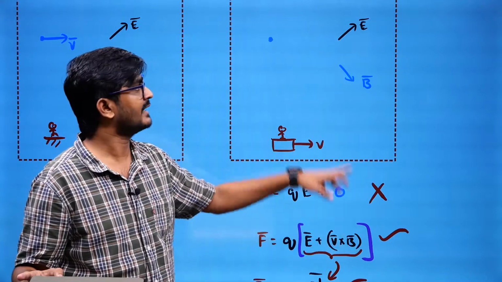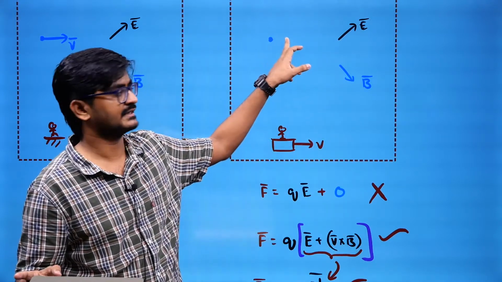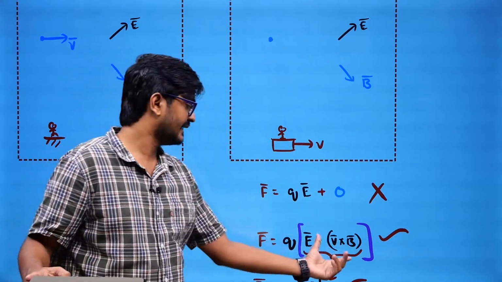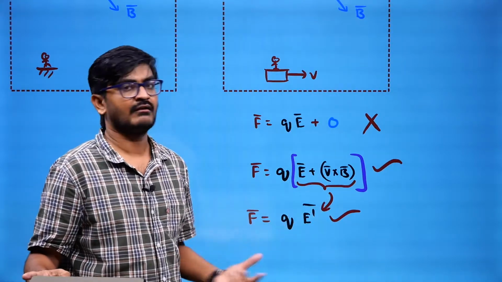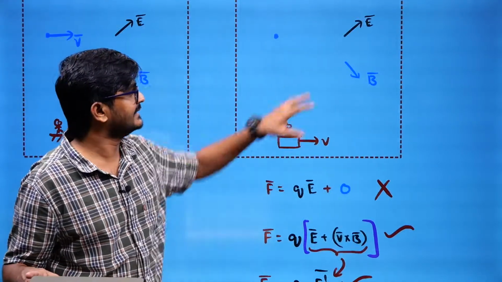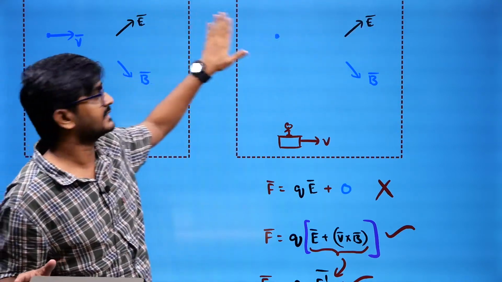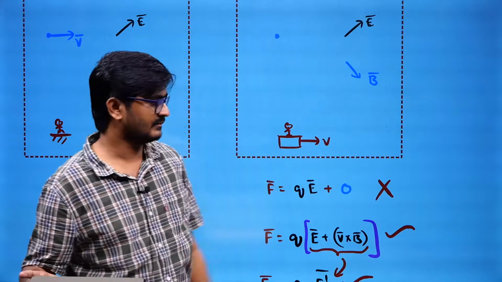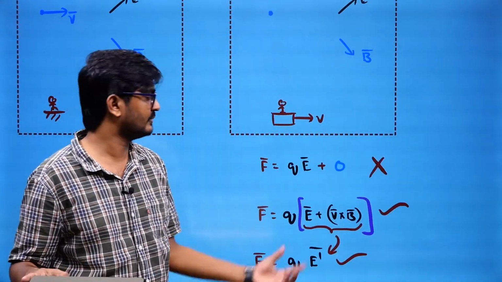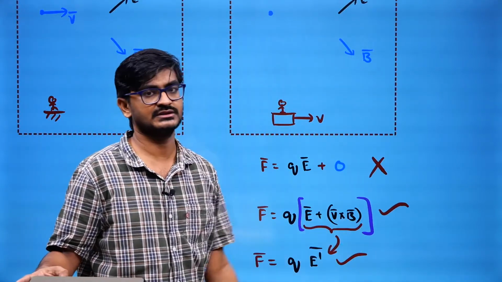And it can't be the magnetic field because the particle is at rest. So it is going to be the electric field. Or the other way of saying it is, in this new case the electric field won't be the same as earlier, but some new electric field will come into the picture. So the net electric field is going to be E bar plus v bar cross B bar.